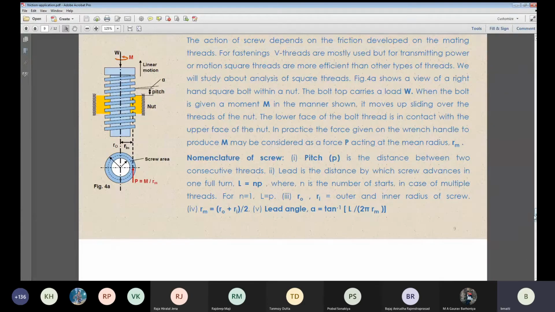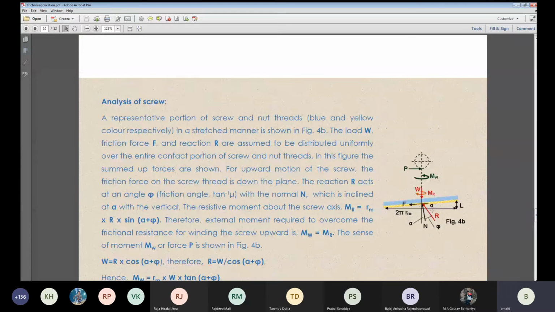So I go to the next slide. Just listen to me. One turn of thread I have stretched out over here. You got the point? This blue color is the thread. If I had coiled it, it comes out to be a helix that it is winding over.